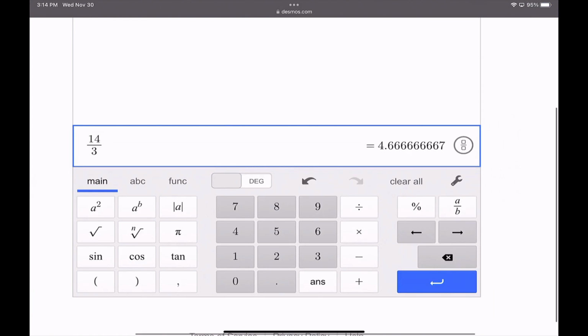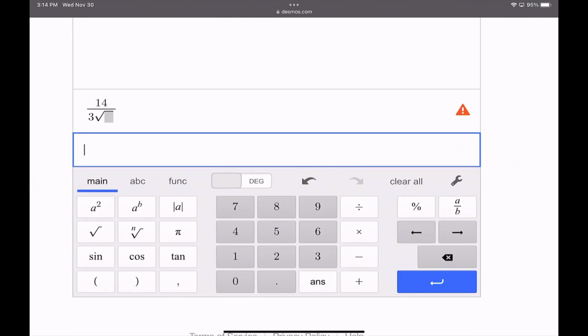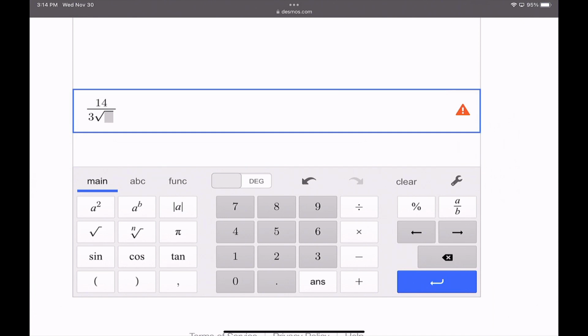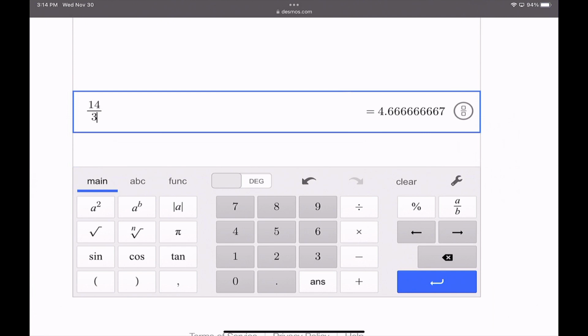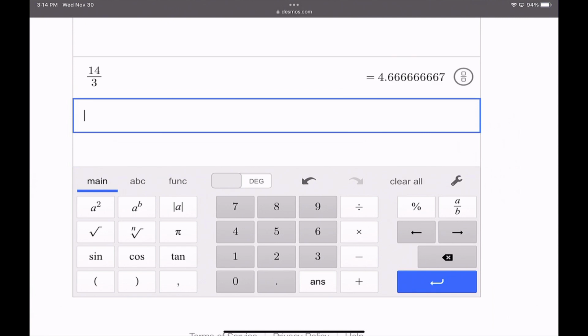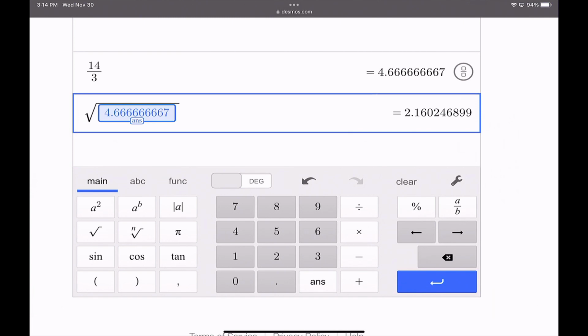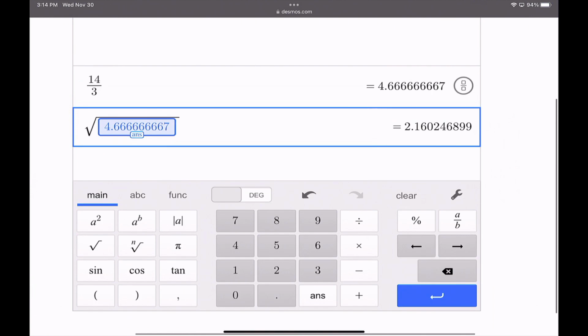So now I'm going to take the square root of that. So the square root of my previous answer, I get, why isn't it showing up? Here we go. 2.160.